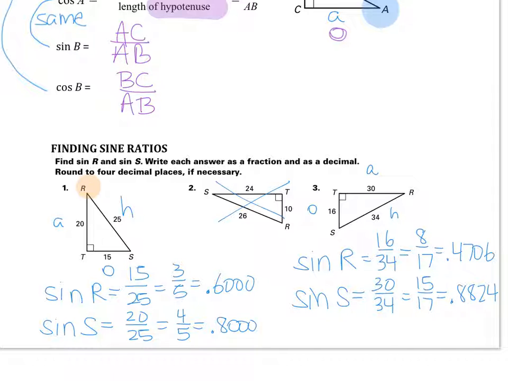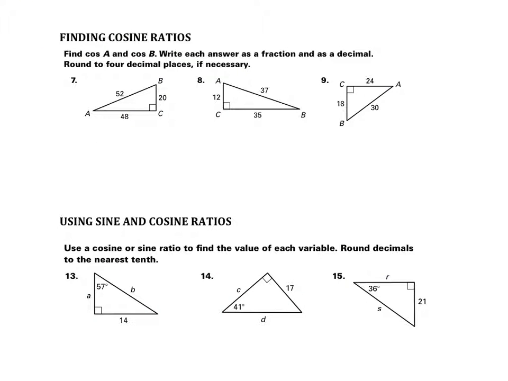Then we move on and try cosine. Cosine is adjacent over hypotenuse.